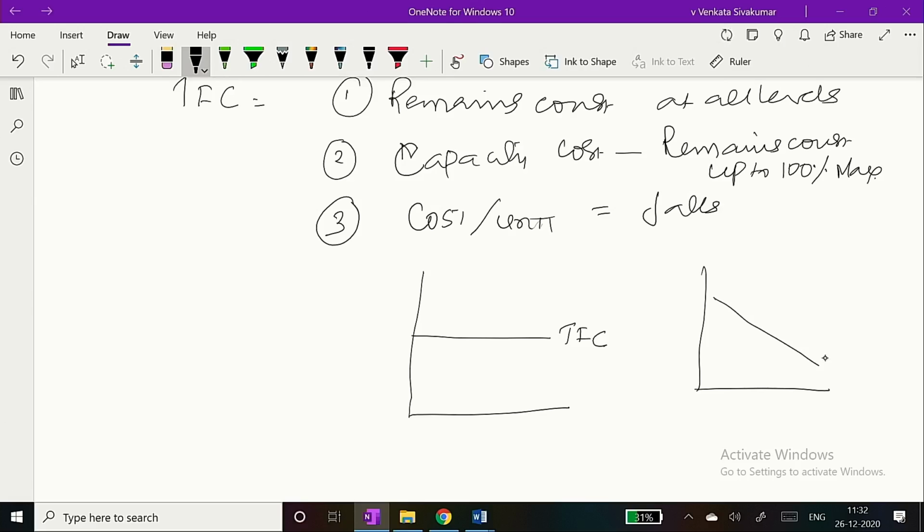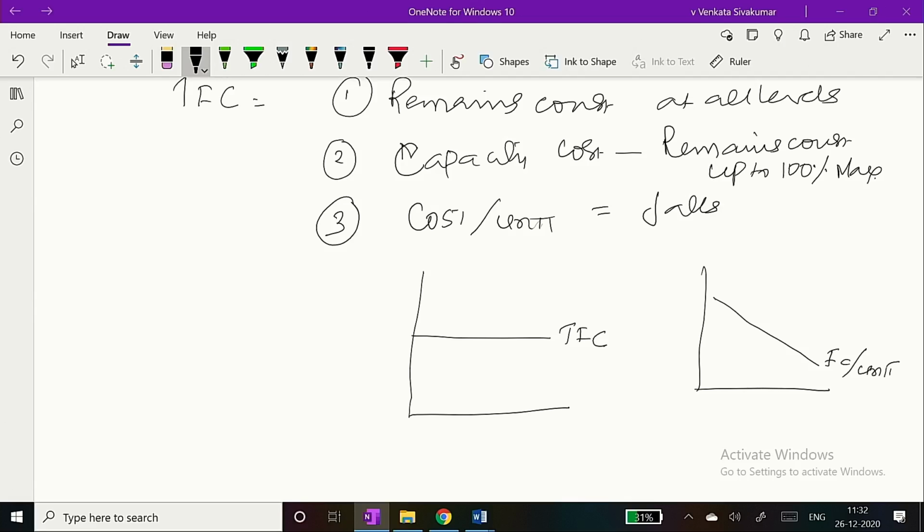Then this is the fixed cost per unit. So total fixed cost remains constant at all levels. Second, their capacity cost remains constant up to 100% maximum level. Cost per unit falls. That is the explanation. Behavior of total fixed cost.